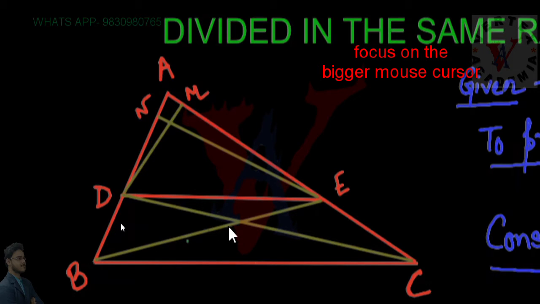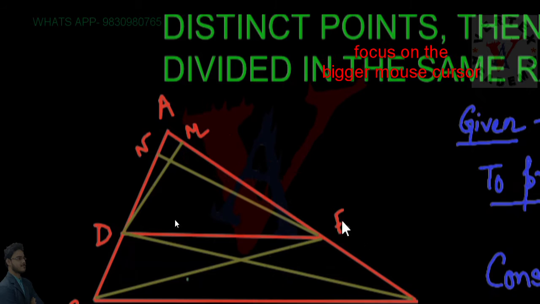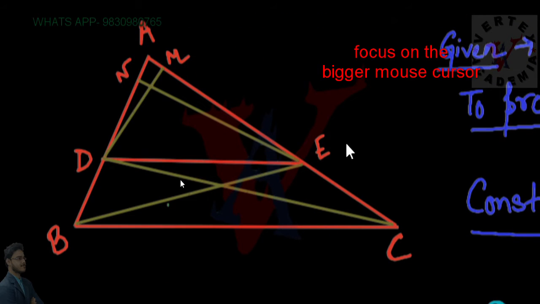And what the theorem is telling us to prove is that if DE is parallel to BC, then the points D and E actually divide the lines AB and AC in the same ratio. Here you can see that this line segment DE is dividing AB into two parts, AD and DB, and also AC into two parts, AE and EC.